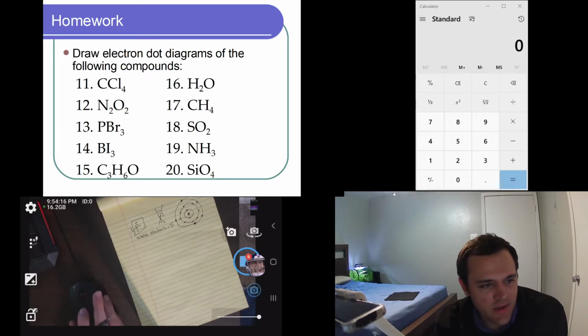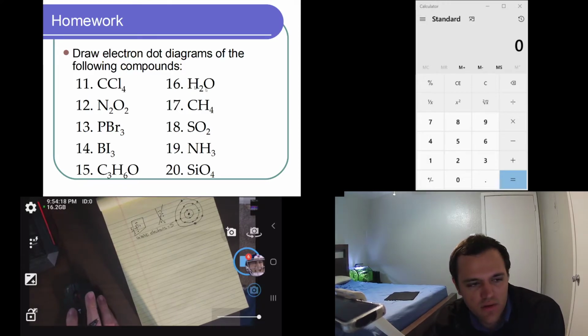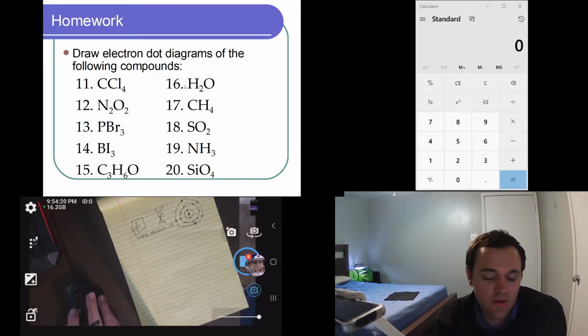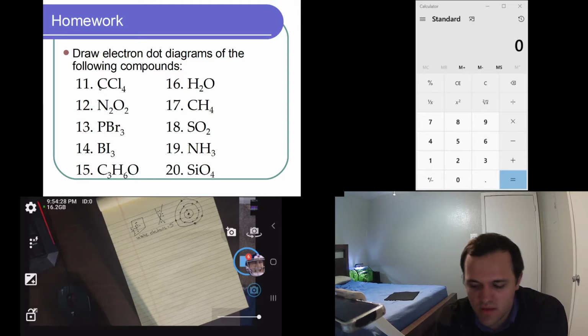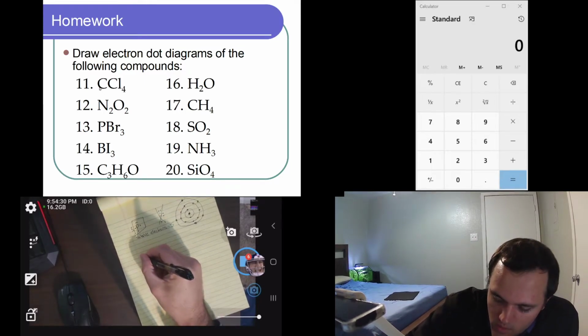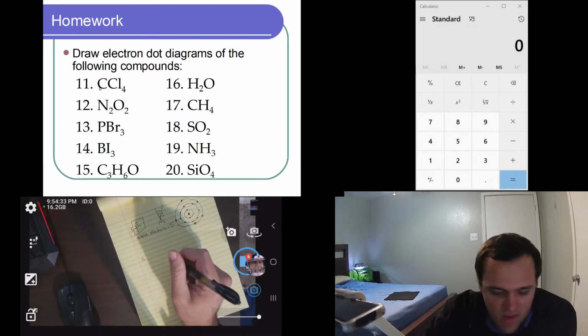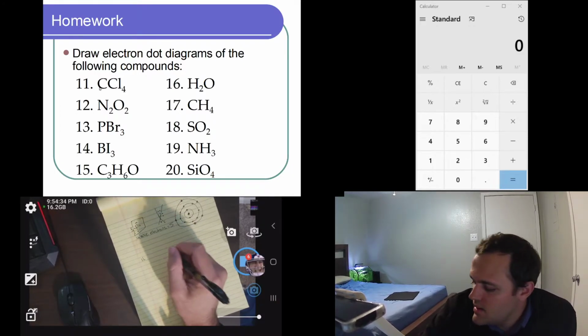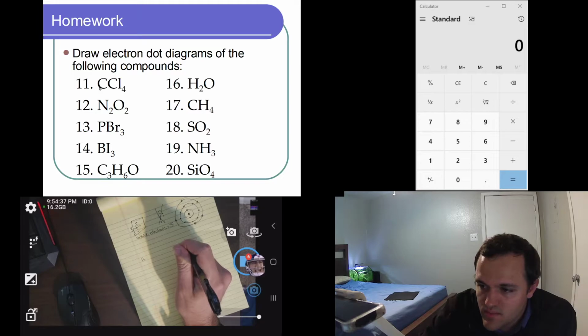It looks like H2O is in here, so you already had one of them done earlier if you need to go back and look at that. But for a simple one, let's just do number 11. We'll look at CCl4.